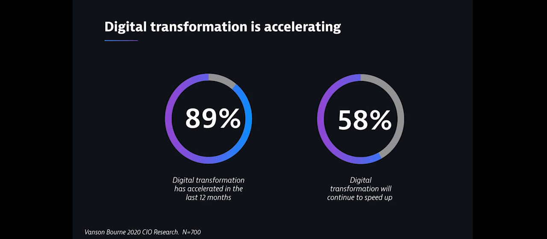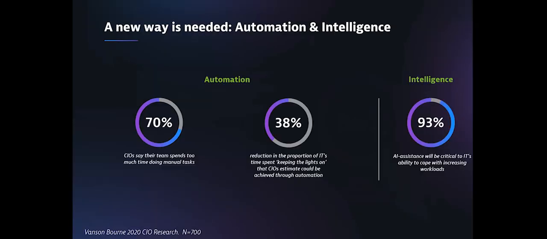So that's one bit. Given that this change has occurred, it is not possible to keep doing things the way that we have been doing them. So what needs to change? We think two fundamental paradigms are going to change. There's going to be a much increased focus on automation because of increased complexity, for example, but also time to market.